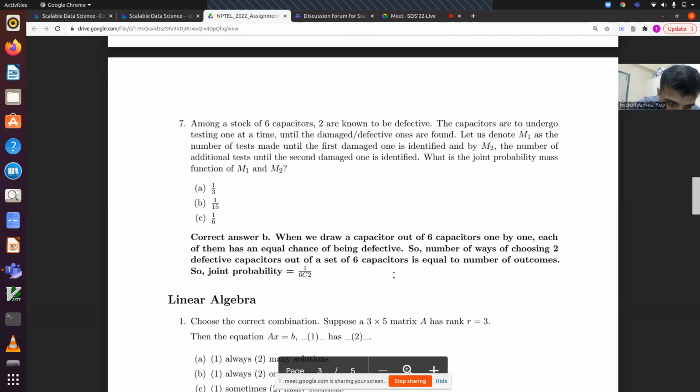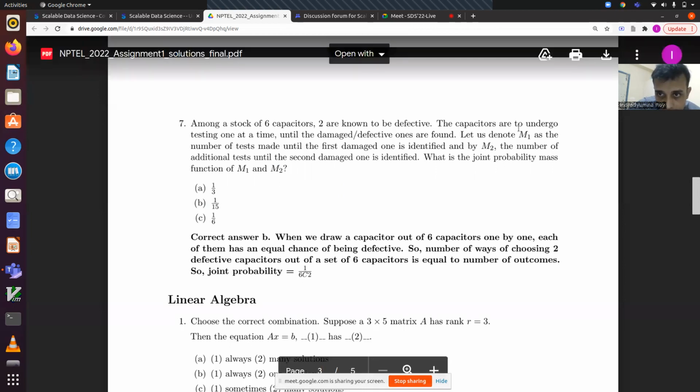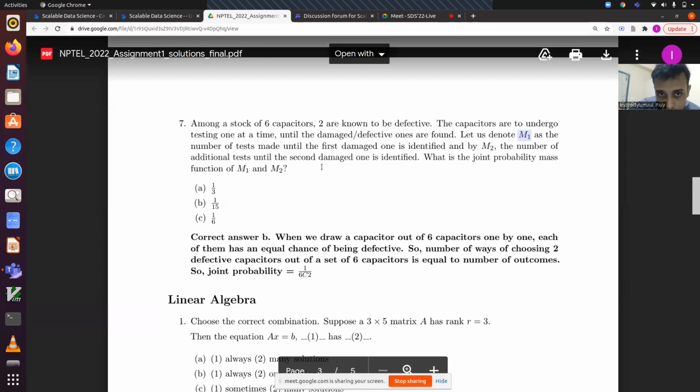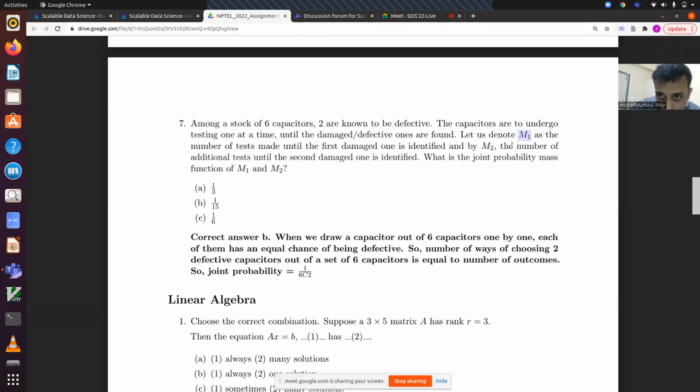Let me think of it. The key idea is, you have 6 capacitors lined up one after the other, and you're checking them one after the other, right? So M1 is the number of checks before you find the first one, and M2, which is crucial, is the number of additional checks.